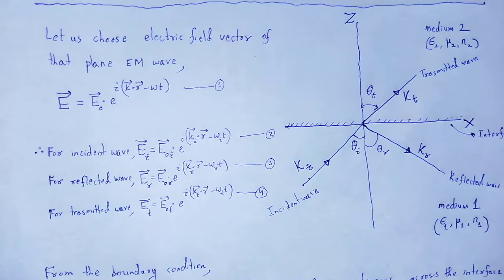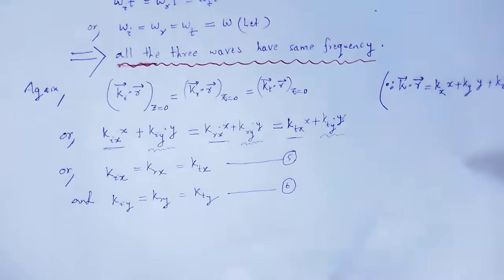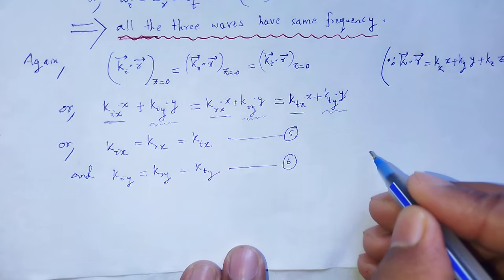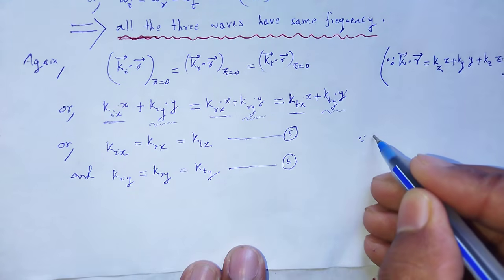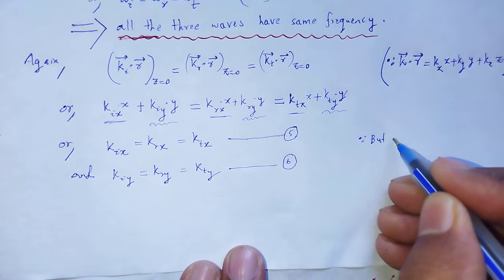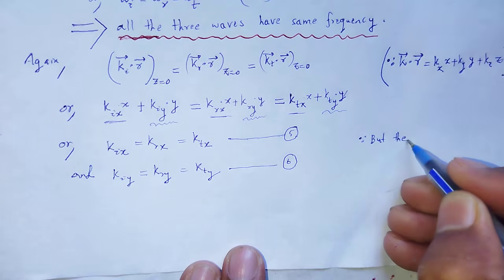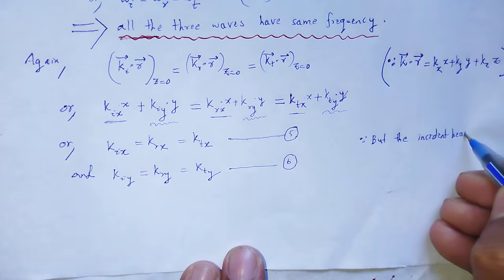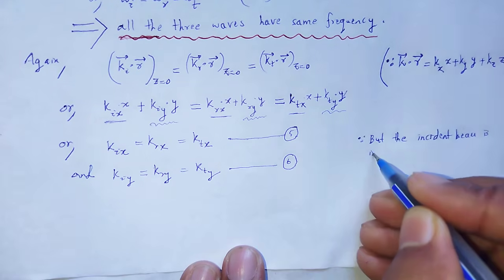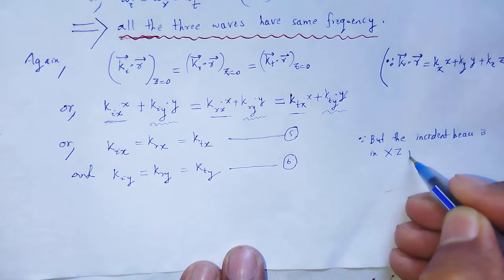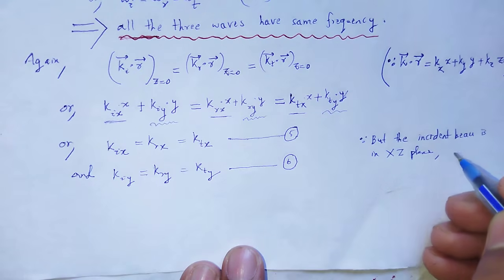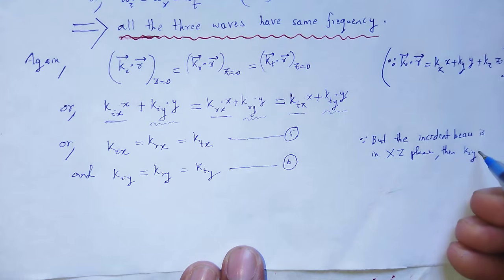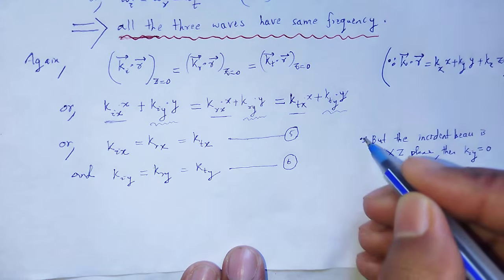Now it can be shown that if the incident beam is in xz plane, then y component k iy is equal to 0.